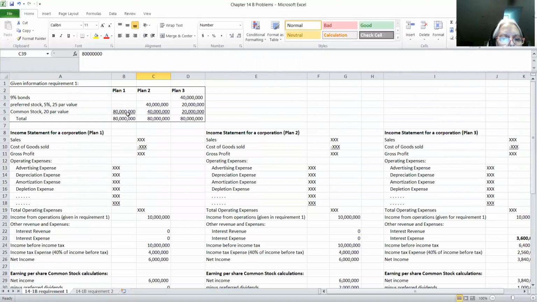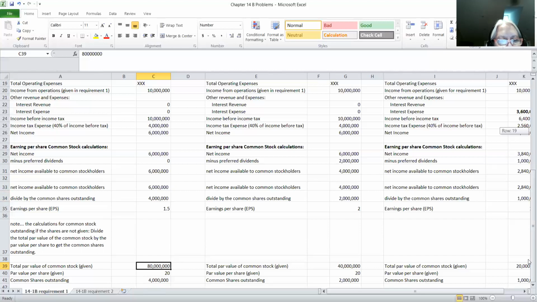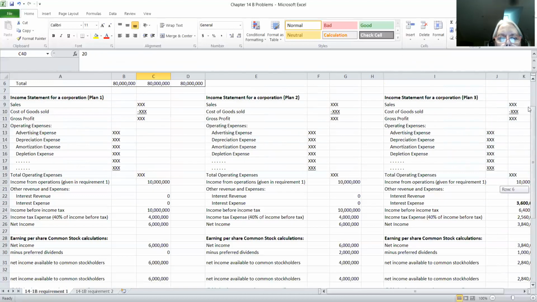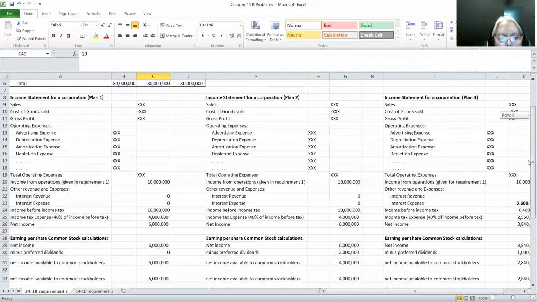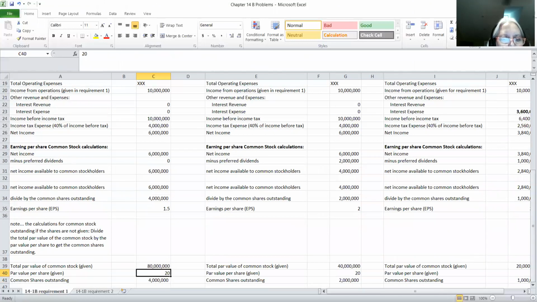The total par value of the common stock was 80 million. So on line 39, that's where I get the total par value of the common stock. It was given, and the par value per share of common stock was also given in Plan 1. Do you see there that it's $20 is the par value per share for the common stock?